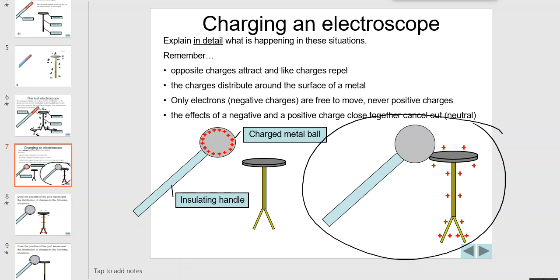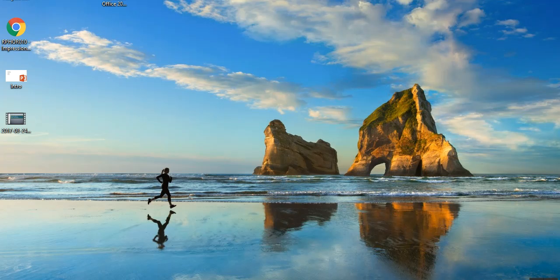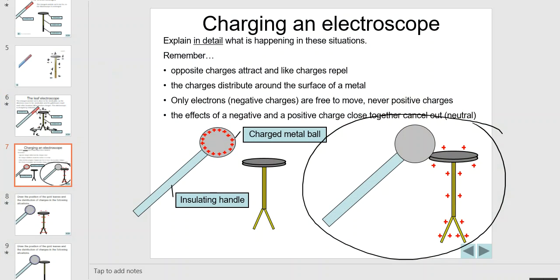What's going to happen? Actually, just wait, because you answer a lot. So Maxime, I want you to try. Yeah, so the rod's going to become less positive. So does it still have positive charges? Yeah, absolutely.